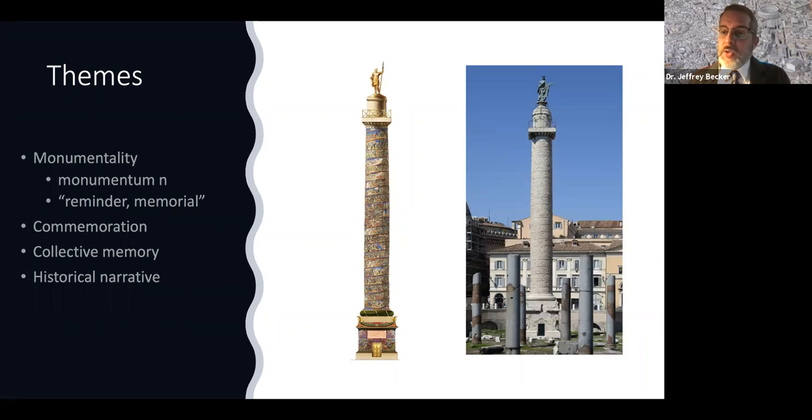What inspires the story frieze? One theory is that going back to the Republican period, when the Romans used to celebrate these military rituals, these victory parades they called a triumph, one of the things that they would do to enliven the triumphal parade would be to create painted scenes and even three-dimensional dioramas that would go along on carts as part of the triumphal parade to inform the parade spectators what the war and its campaigns had been like.